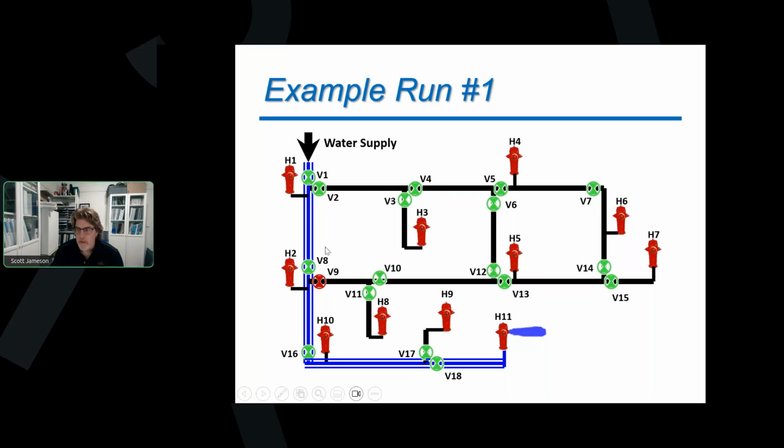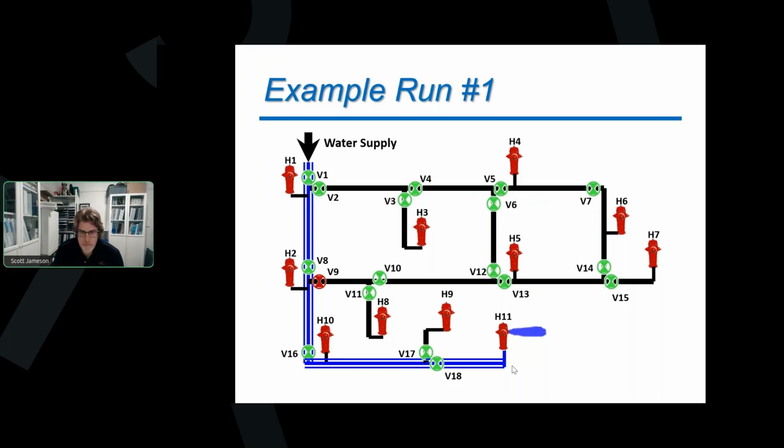So I do need to close off that loop. And in this case, when I look at my run, all the water that I can measure coming out of hydrant number 11, the only way that water can make it to that hydrant is straight down the main, past hydrant number 1, past hydrant number 2, takes the 90 down past valve 16, and runs straight down that main to hydrant number 11.